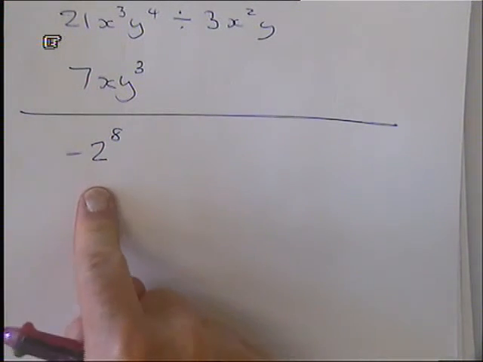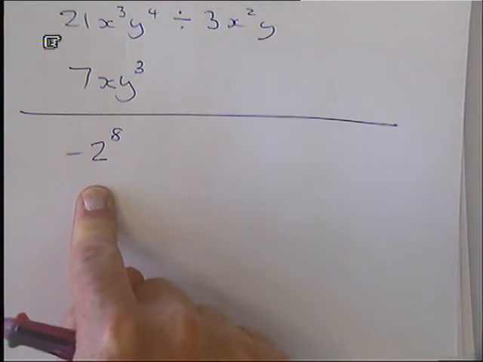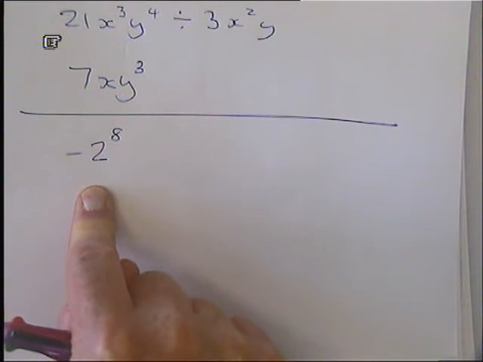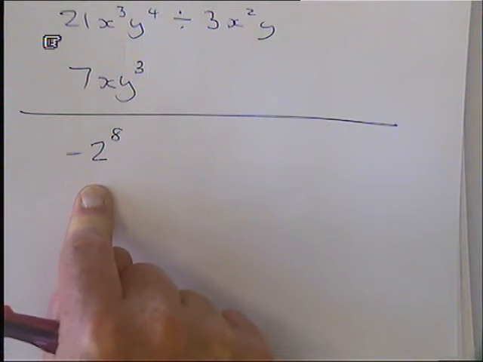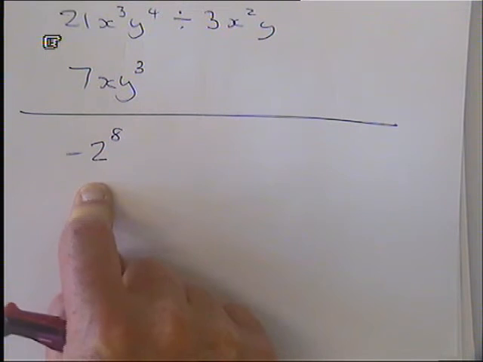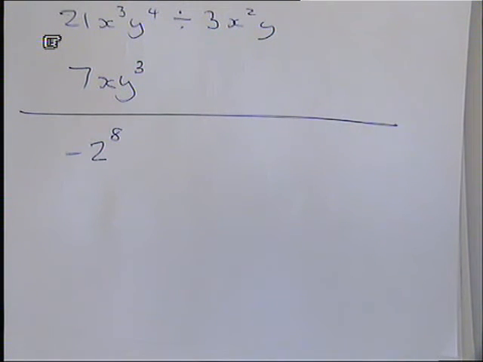What's the answer? 256. No. Minus 2. Wait, it's BIDMAS and it's do indices first. 256. Yeah, you're right, whoever said it's BIDMAS.